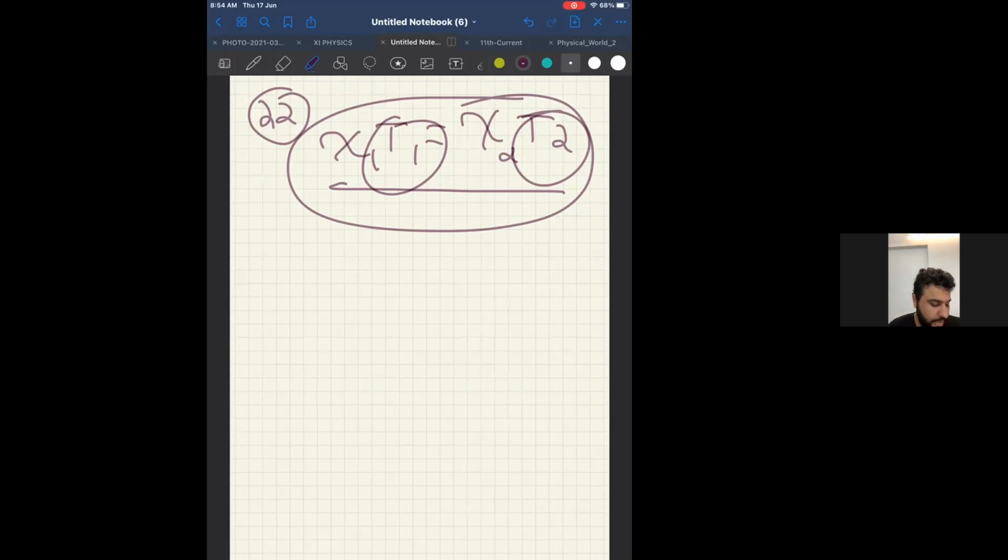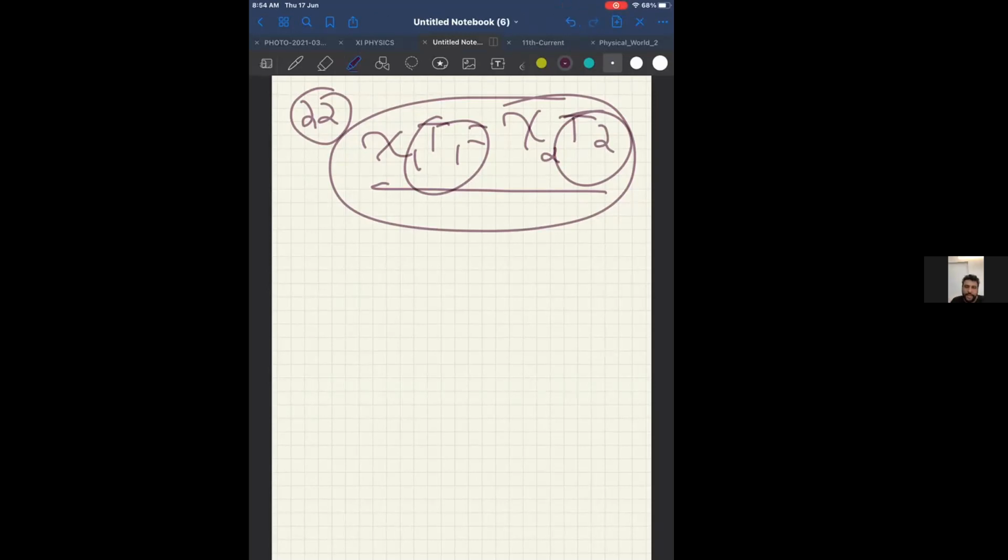Correct. 15th one, a diamagnetic material in a magnetic field moves. When I bring a diamagnetic to the magnet, it goes from the stronger part to the weaker part because it gets repelled by a magnet, correct? That means it goes away from the magnet. When you go away from the magnet, you're going towards the weaker field, because as you keep going away from the magnet, the field becomes weaker and weaker.